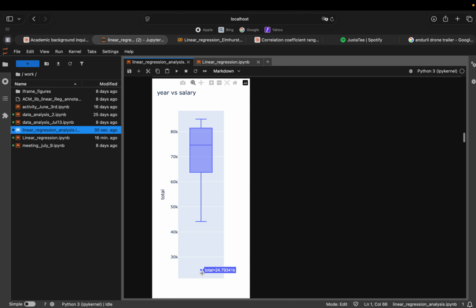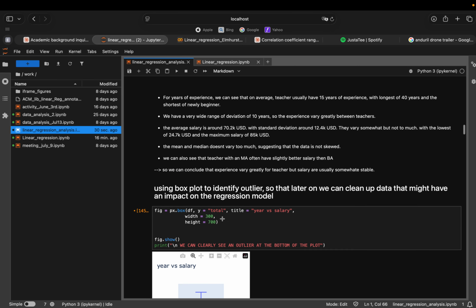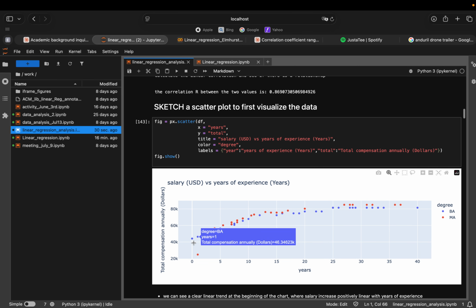And so there's one right here which confirms my prediction from before. And I also see the lower fence is a little longer, and this suggests that the data at first might increase linearly, but then it starts to stagnate and level off.